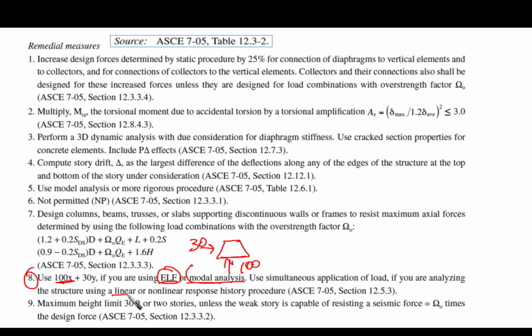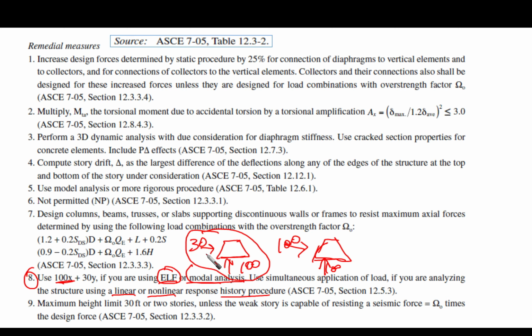If we're going to use linear or nonlinear response history, then we are going to put 100% here, 100% here, simultaneously, as they said. So it is more stringent.